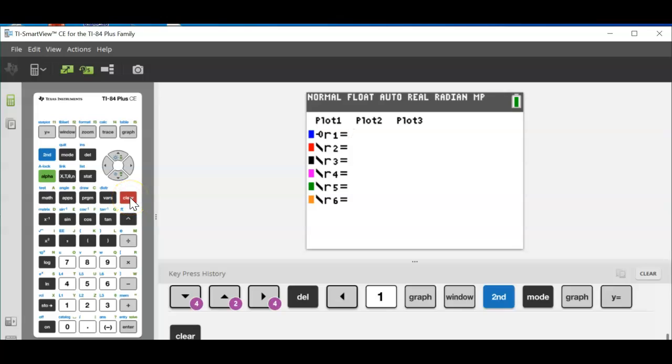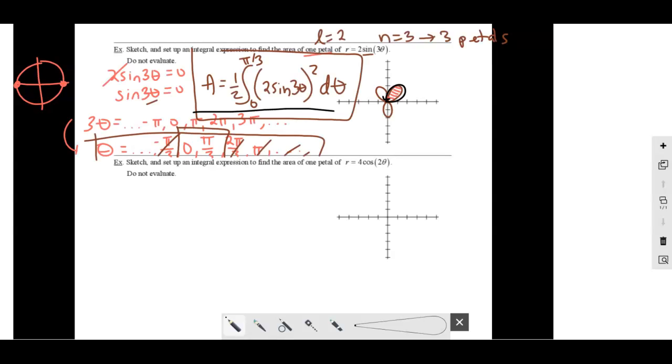So we've got 4 cos 2θ. Now, before we actually look at it, let's think about and try to plan what that thing's going to look like. It's got a 2θ, right? My n is 2, so that means I'm going to have 4 petals. Cosine means one of them is going to be on the right side of the x-axis, and of course the L is going to be 4.